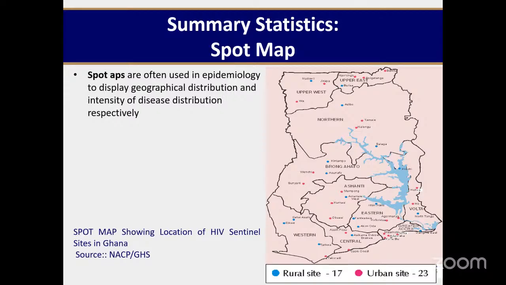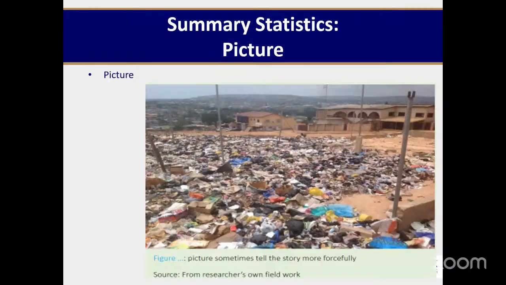So with this, the IGP or the commander in charge of the elections can easily distribute his people without having a lot of tables. This can easily tell you which place is becoming a hotspot. And then you can assign security people there to bring order to those things. And of course, a picture sometimes tells the story more forcefully.